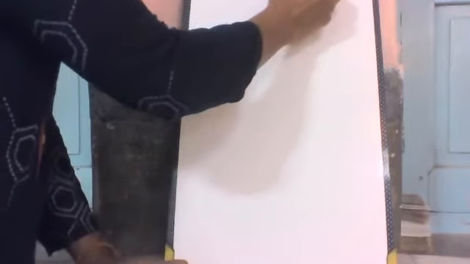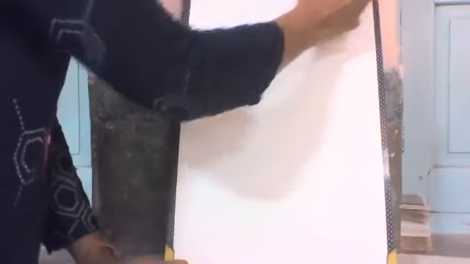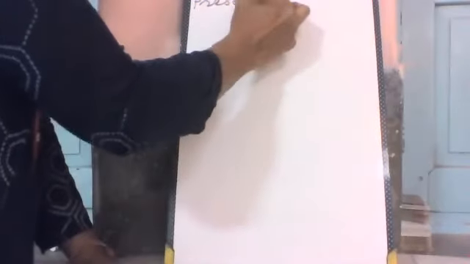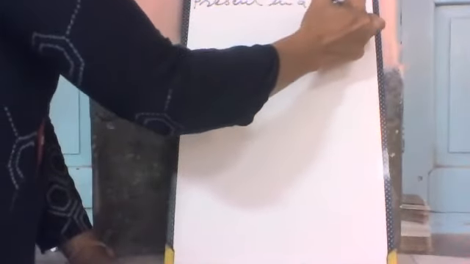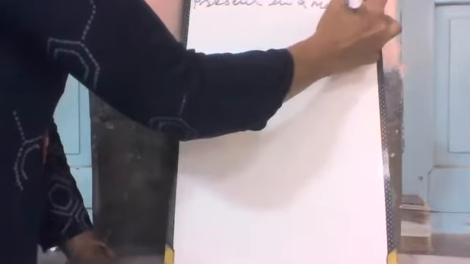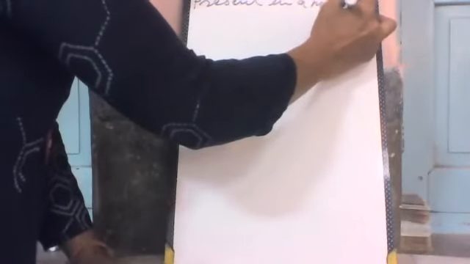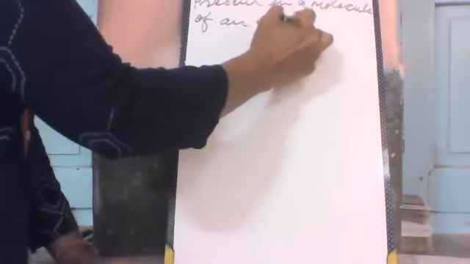Atomicity is defined as the number of atoms present in a molecule or of an element. See, this is known as atomicity.